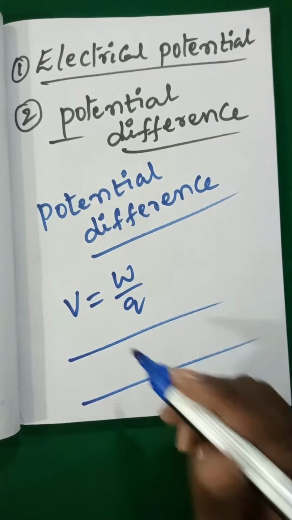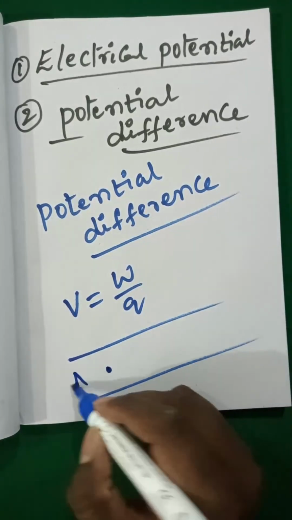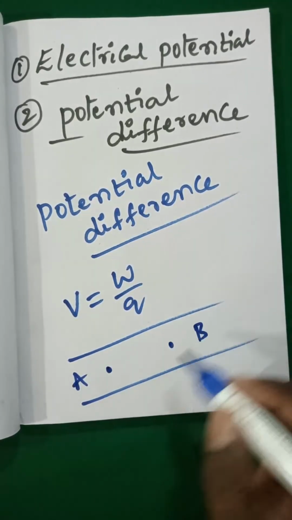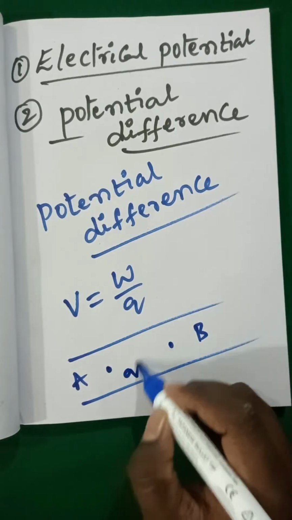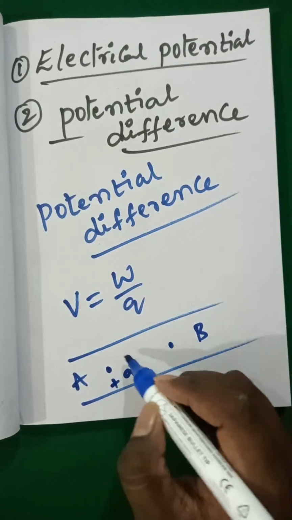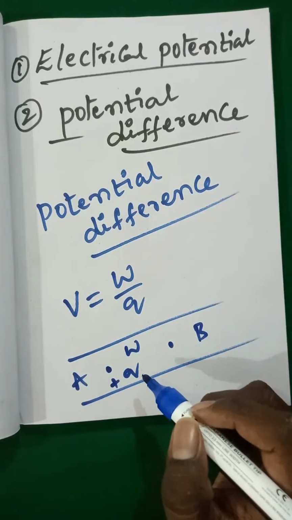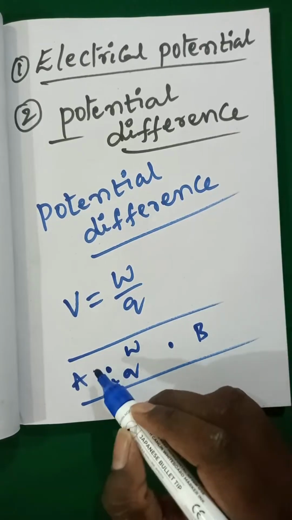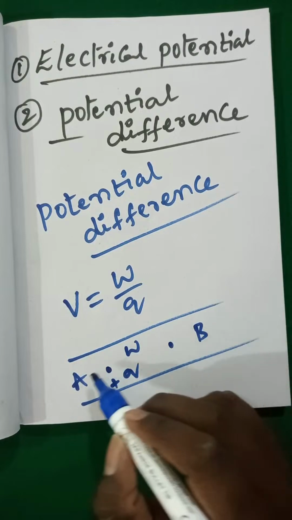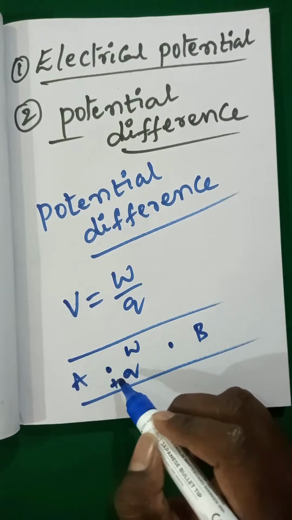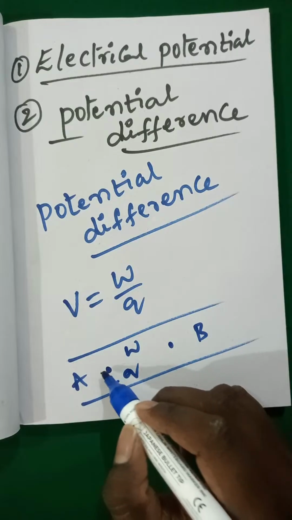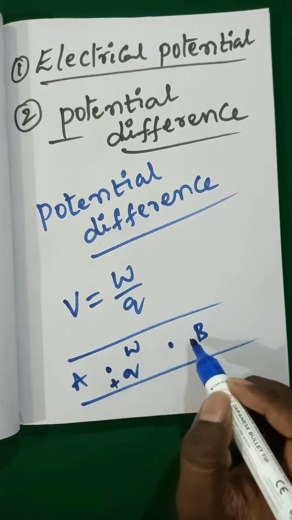This is one point, point A, and this is another point, point B. A positive charge is there. We are doing some work to bring a positive charge from point A to point B.